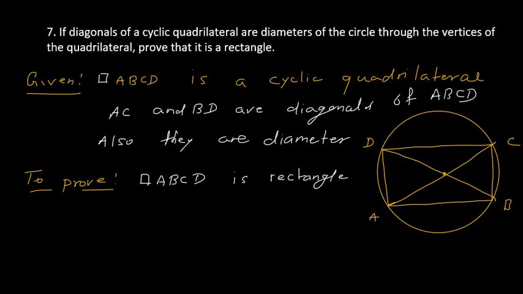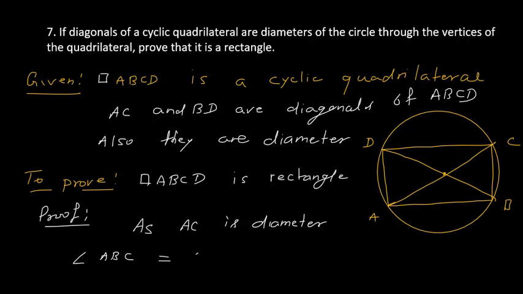As I discussed, I have to prove that each angle is 90 degrees. In the proof, I will say that as AC is diameter, angle ABC is equal to angle ADC is equal to 90 degrees. Reason: angle subtended in a semicircle.